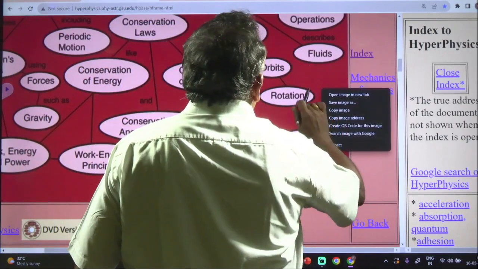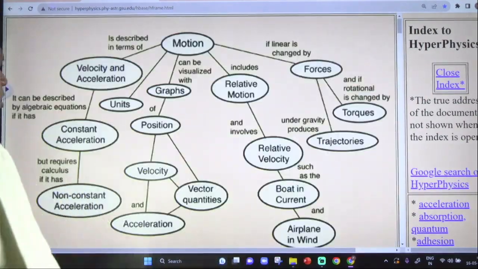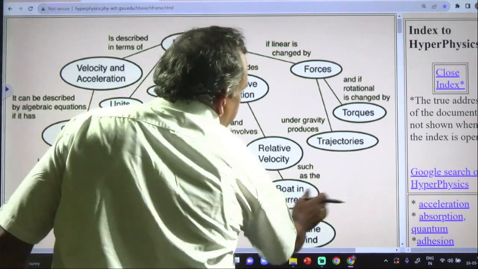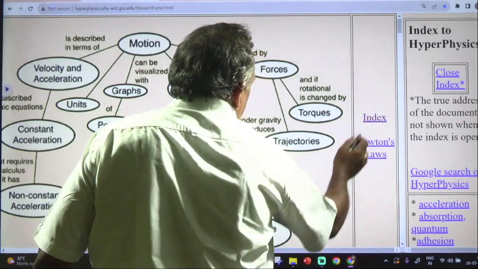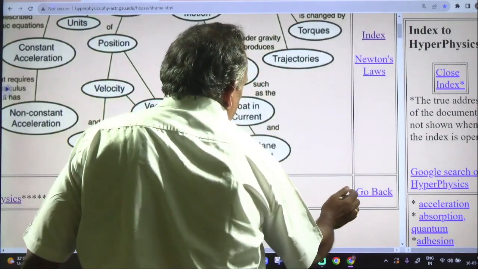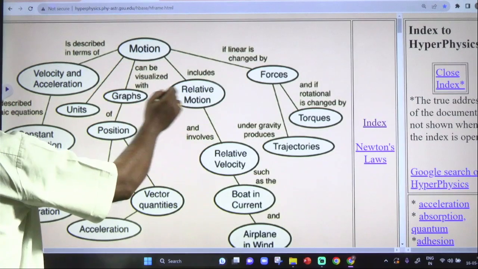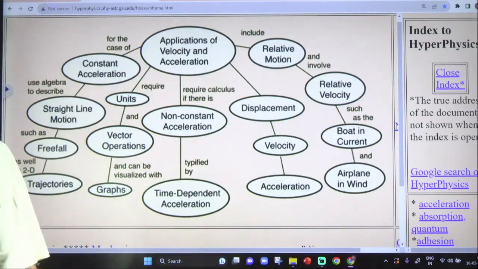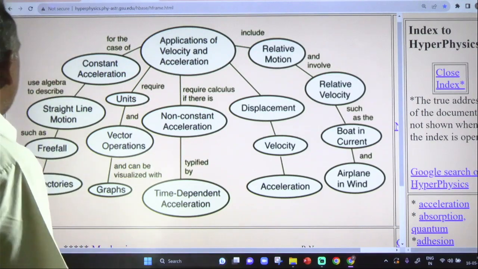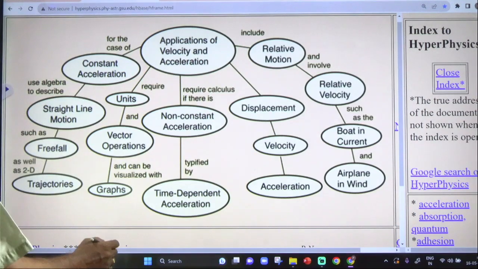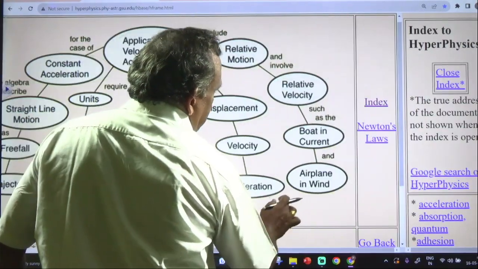The physical units, velocity and acceleration, Newton's laws, velocity, relative motion, some physical constants are there.